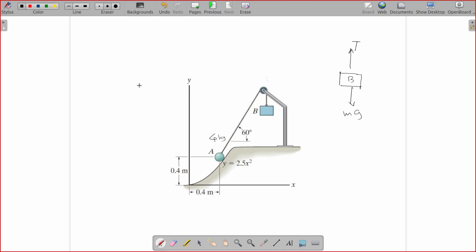Now what about this part? What are the different external forces on the sphere? First of all, weight will be acting downwards, 4g, and there will be a normal force from the surface on the sphere, which we need to calculate. It's part of the question.